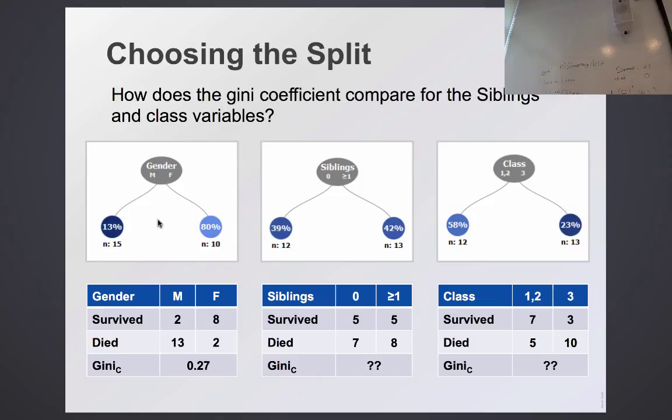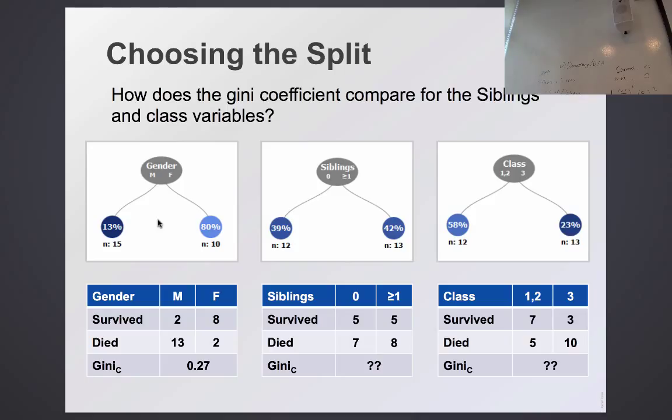So to be clear, there is going to be a Gini coefficient for this row that survived here, for this row, for these, so there's going to be 4 of them. For these two, you're going to combine them into 1, and these two, you're going to combine them into 1. So in the previous example, the top row, the male-female split, I'm sorry, did I say rows? I said rows, didn't I?